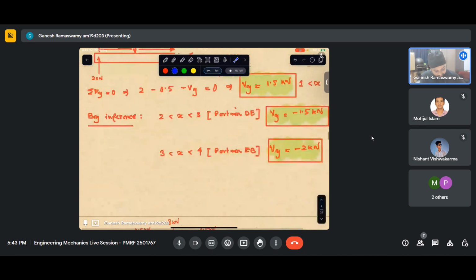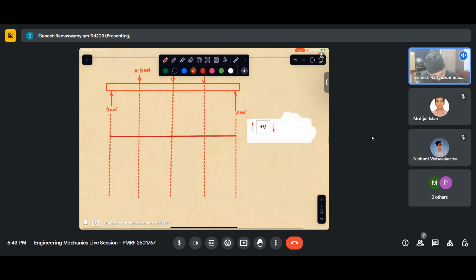So from 0 to 1, it goes up like that and this is 2 kilonewton. Then at 1, it had an abrupt change, and for this portion, it was 1.5. So if this is 2, then this will be 1.5. Then at this portion, it had another jump and became minus 1.5. Throughout this portion, it was minus 1.5.